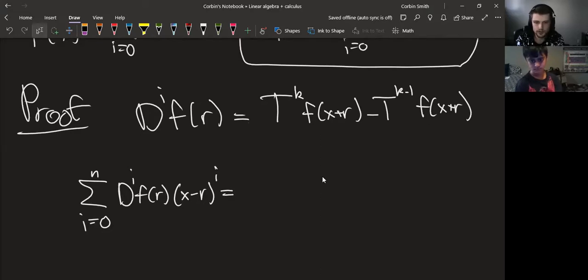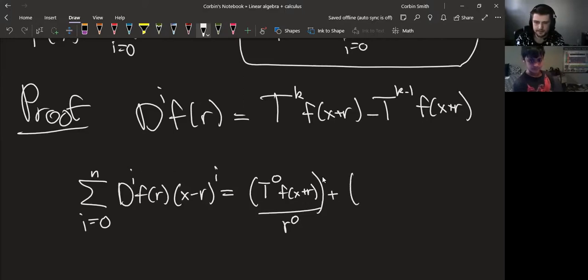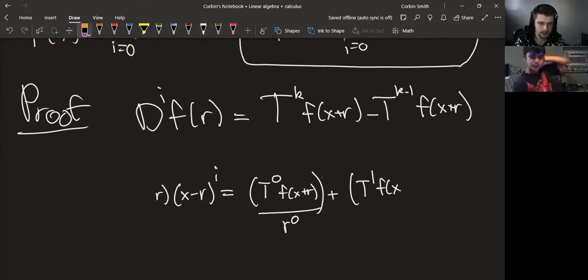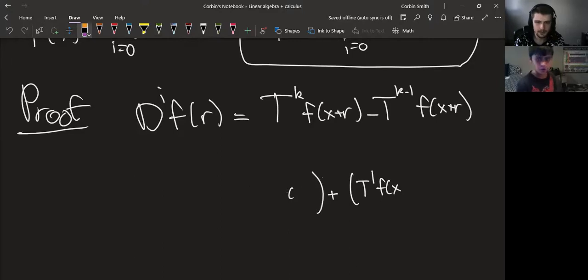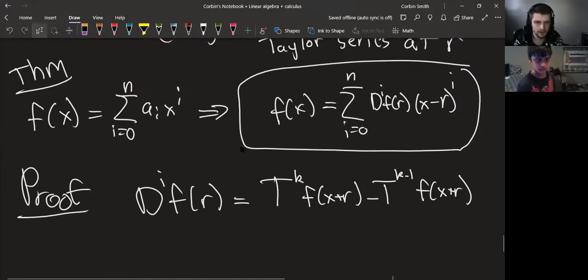So that's going to be equal to t0 is the first one, right, of f of x plus r, divided by r to the 0, which is just 1, plus t1 f of... let me prove an easier formula, actually. Easier formula to take us to the main formula? Yeah. If I prove this other one first, it's going to make our lives a lot easier, though.